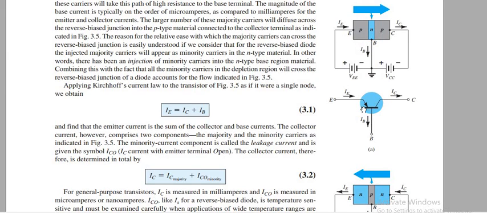For example, this arrow direction is from emitter to base, as indicated over here.